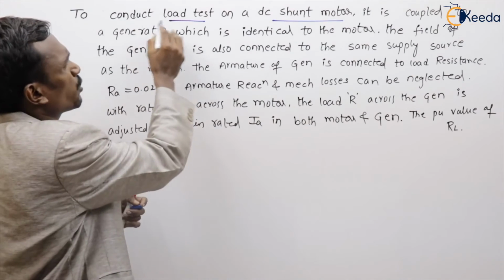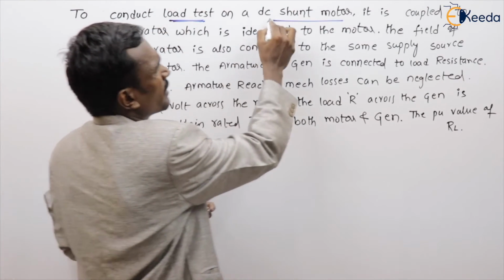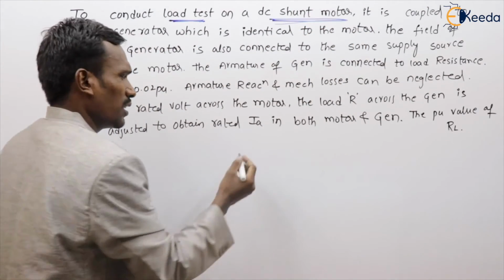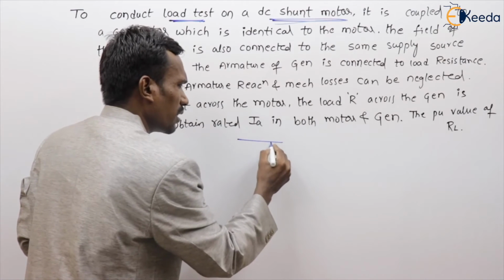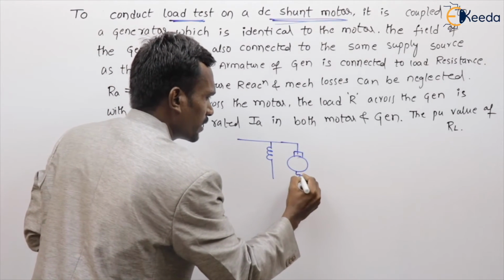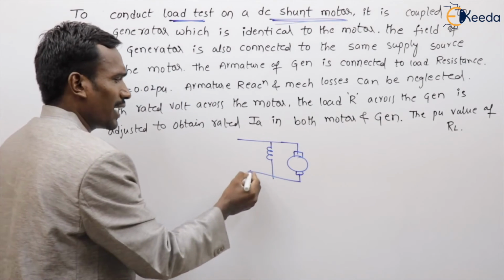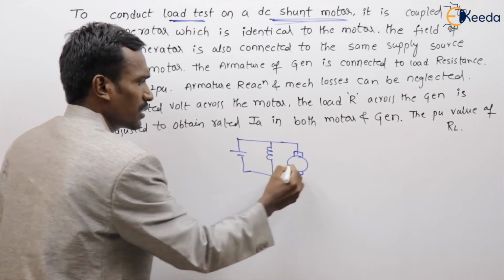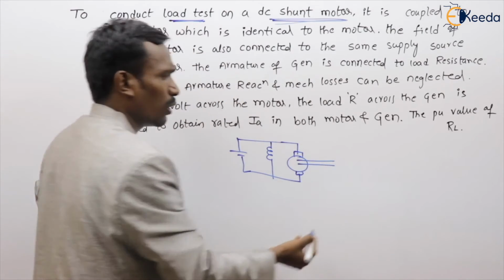Let's see. To conduct a load test on a DC shunt motor, for example, this is my DC shunt motor and I am conducting a load test on it. The motor is connected to a load.